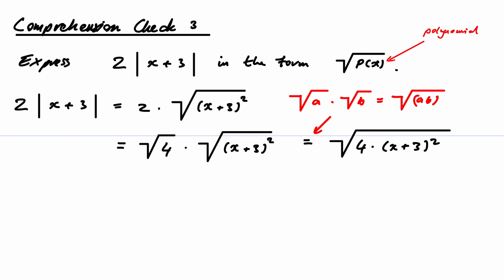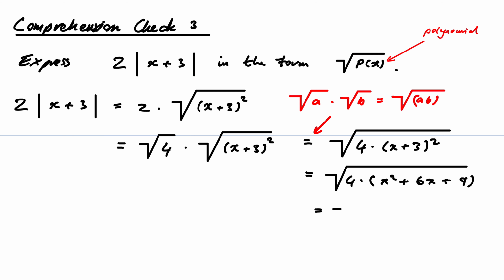You don't really need to multiply the inside out, but let's just do it for some practice. It's already in a perfectly reasonable format. So what would it be? Well, I'd have to FOIL the x plus 3 squared. It would be 4 multiplied by x squared plus 3x, but 2 of those, so 6x plus 3 squared, 9 altogether.